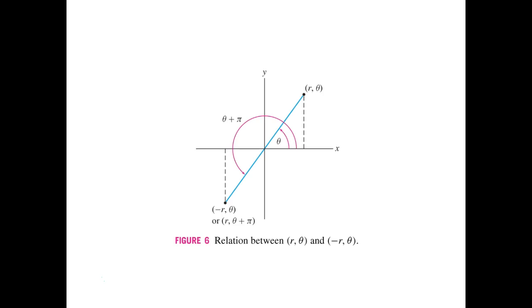So even though they're listed r, theta, most of the time we determine the theta, figure out where we are, and then go to r from there. So this point would be minus r, theta, or you could have said that was point r, theta plus pi. Again, two very different coordinates for exactly the same point, and you have an infinite problem. Another minor problem with polar coordinates.